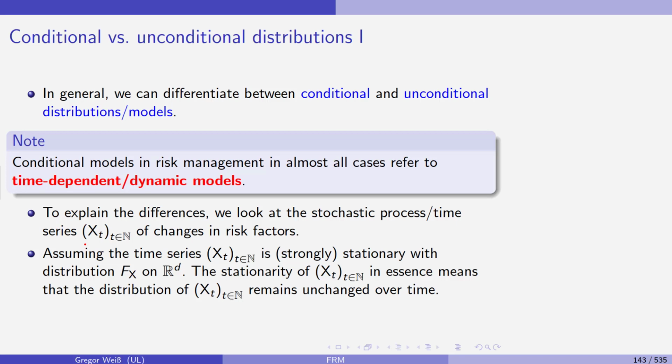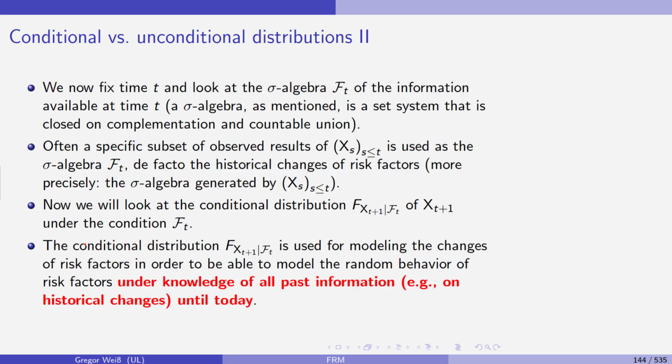And this is the distinction between conditional and unconditional models or distributions. If you have a conditional one, you will usually use a time series model. If you have an unconditional model, that's usually just a regular Gaussian model.